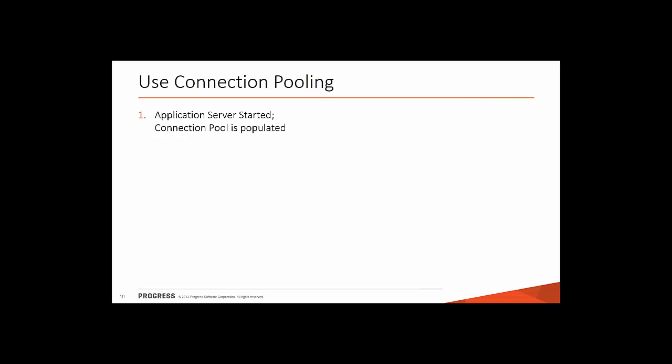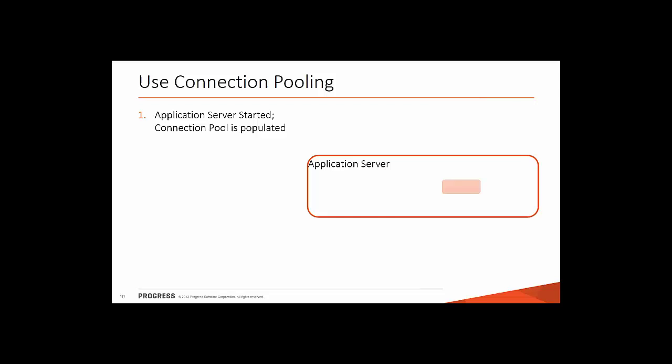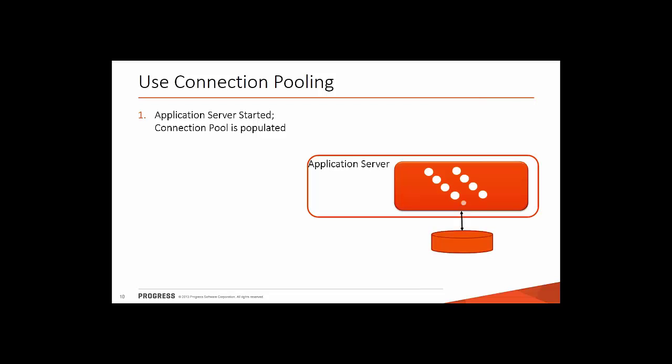Let's see an animation. There is an application server, and when it starts, it gets populated with different connections already connected to the database. These connections are already connected to the database and ready for use by your application. Your application comes and requests a connection.